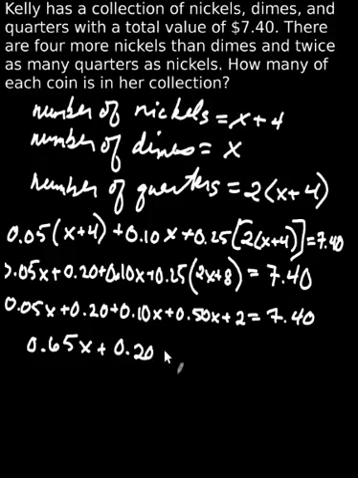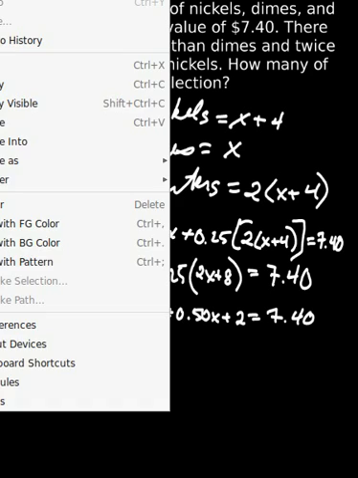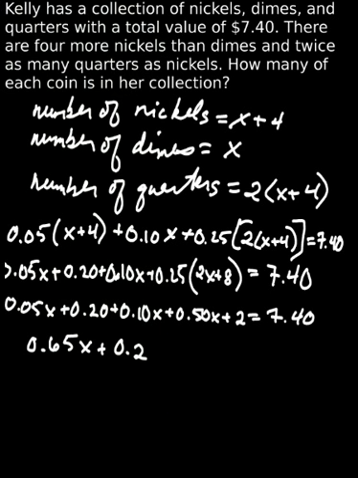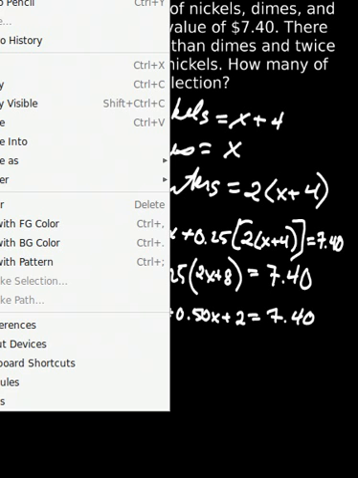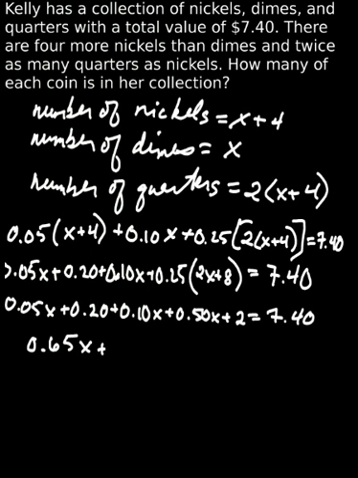And, oh, actually, I still have that 2. So let me add the 2 to the 0.20. That's going to be 2.20. And the right-hand side is 7.40.